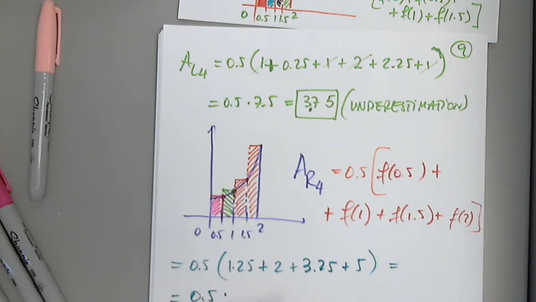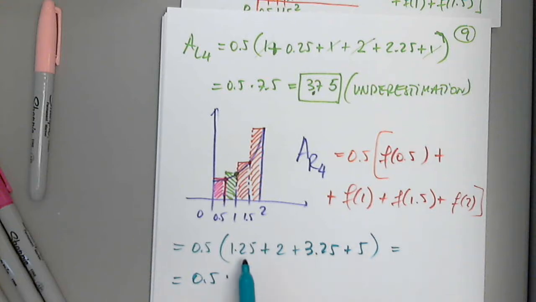So it's 0.5 multiplied by, what do we have here? So I got 5.75 this time.